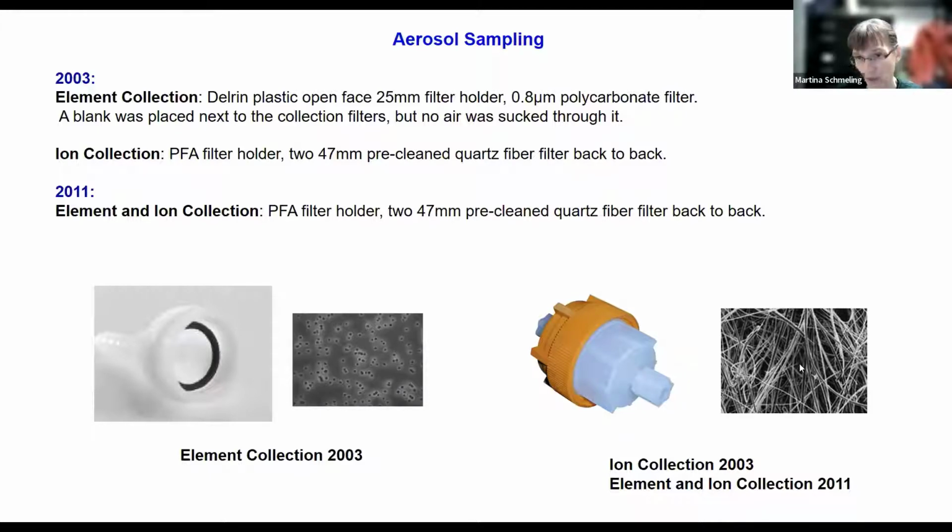Depending on the amount of particles and also the flow rate or the diffusivity of the material, it can break through and not get collected. So we put a second filter behind it, and both filters were extracted and analyzed, and then the data combined, just to ensure that we get all the aerosols, all the elements and ions.